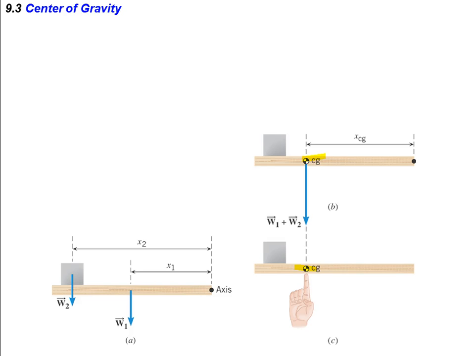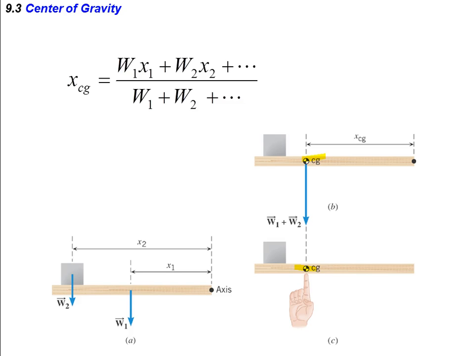From that, we can come up with this calculation that the center of gravity, the position X center of gravity, where X is the position away from our axis of rotation here, is equal to all these tiny little torques. These right here are just torques that we're calculating. Okay, that's a torque, and we can add up however many we need, divided by all of the forces.